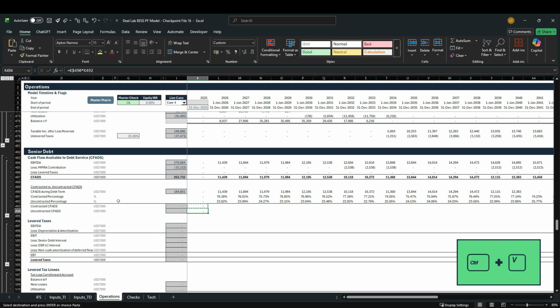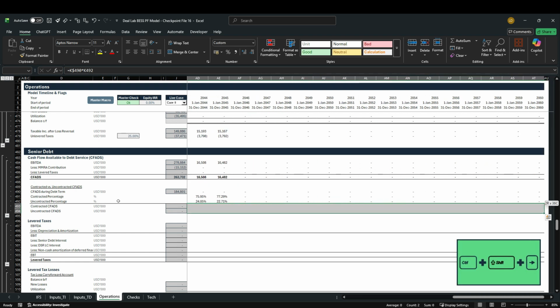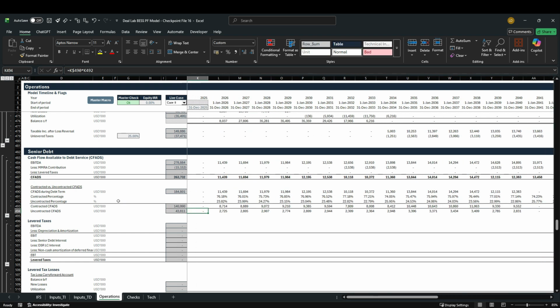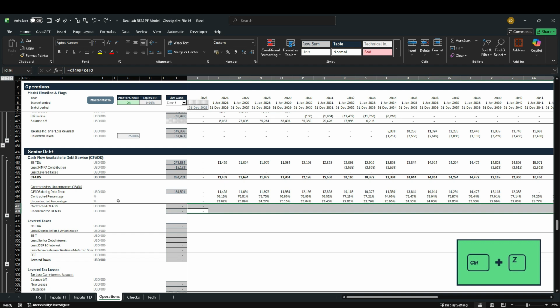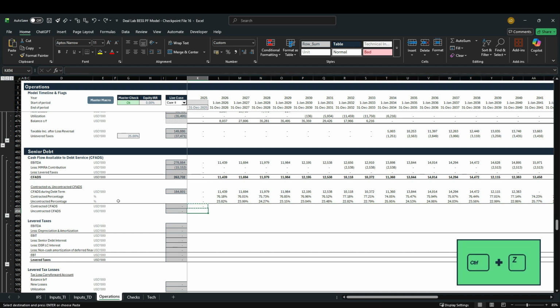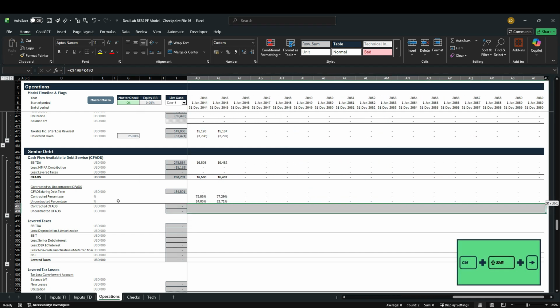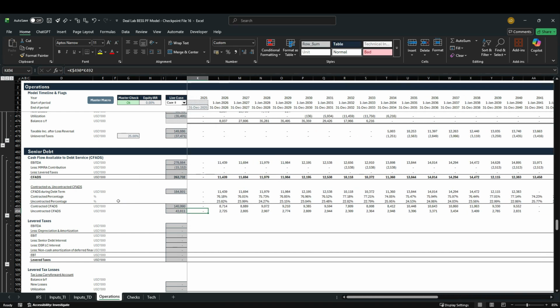Copy this, paste it here, drag it over, Control R. Let's actually hit Control Z and Z again, and we paste this special, Alt HVS F, so we don't mess up our formatting. Drag it over again, Control R. And now we keep the formatting.